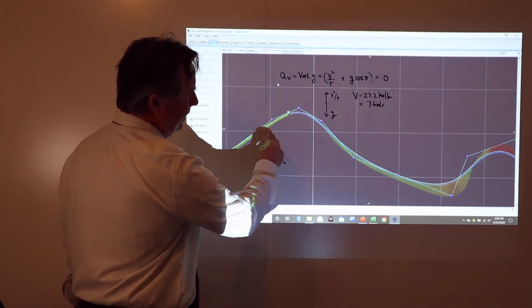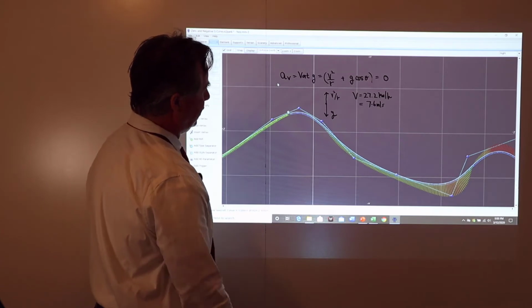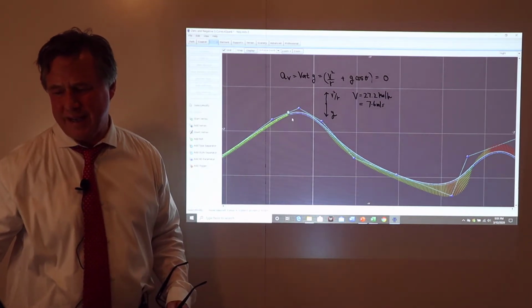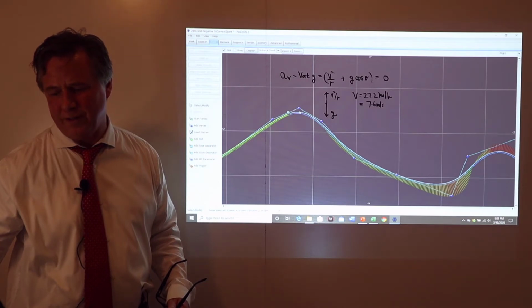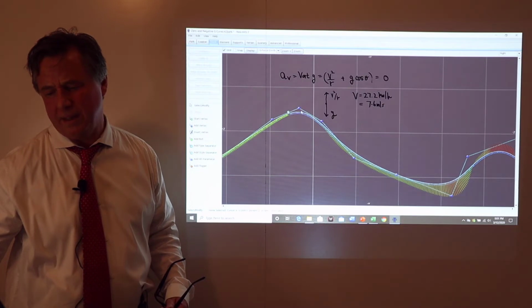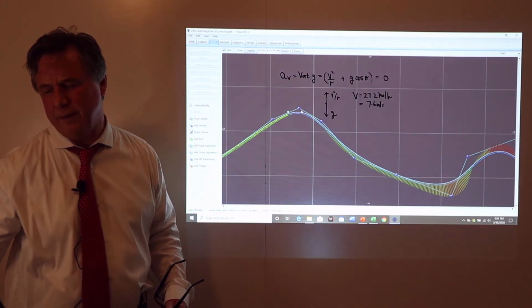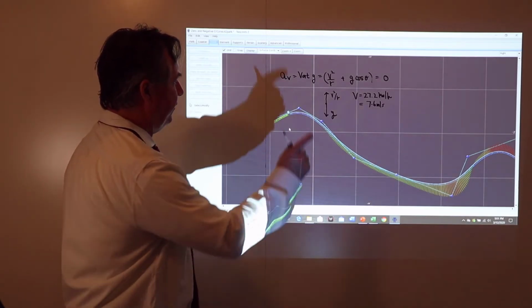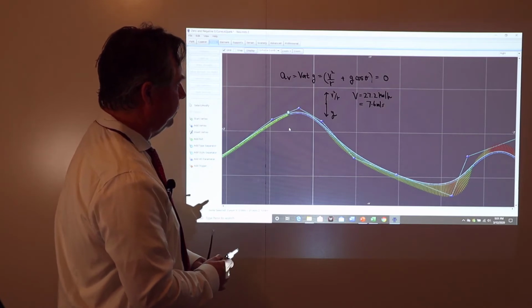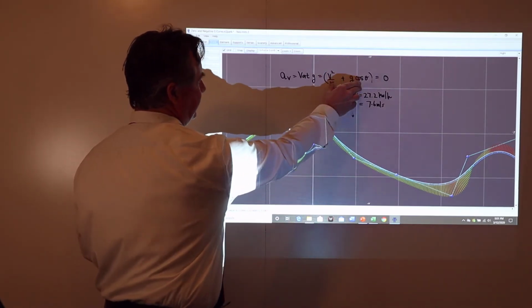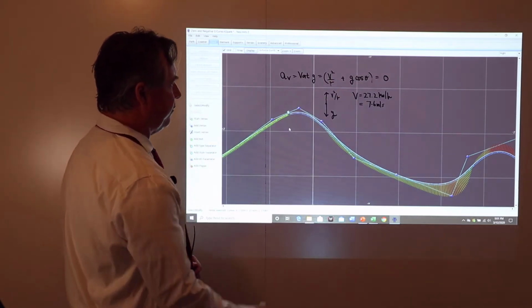The spikes indicate the amount of g forces in the vertical and horizontal direction. And again, when I put my cursor here, I'm getting an estimated vertical g of 0.05. Close enough to 0 to be 0, all right? Okay, so that's 0. So what I decided to do is solve for the radius such that this is 0 and see if that radius makes sense.